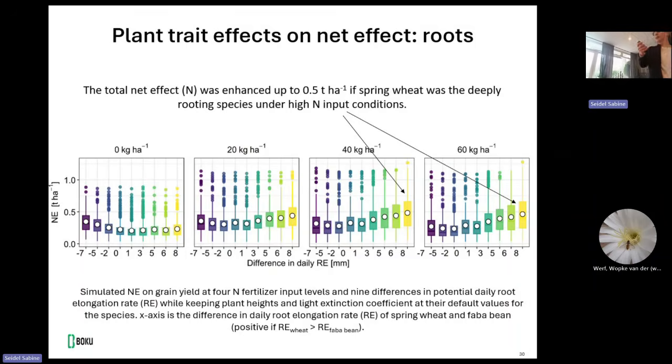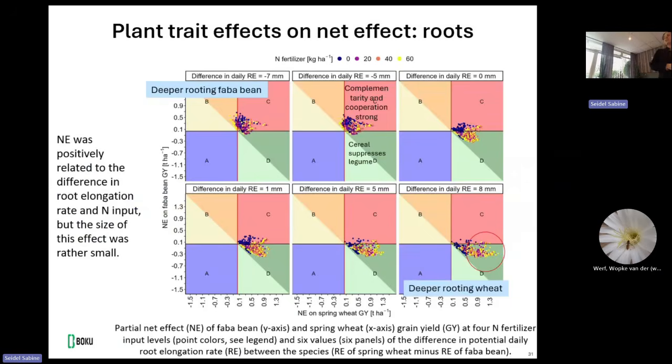And we can also, again, show that in this figure that I have shown before, in this C4 approach, you can see different ones. You have here the net effect of faba bean, and then the net effect of spring wheat. And we have here different differences of the root elongation. So in general, we can say that here the faba bean is rooting deeper, and then they're getting closer, closer, closer, and here the wheat is rooting deeper.